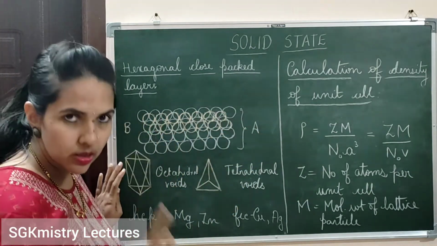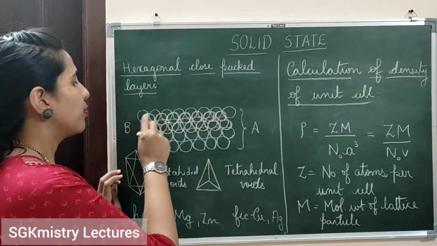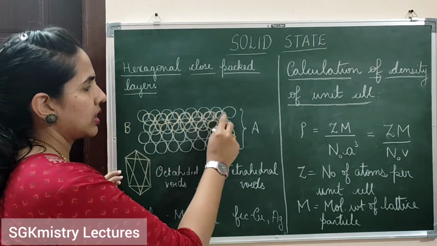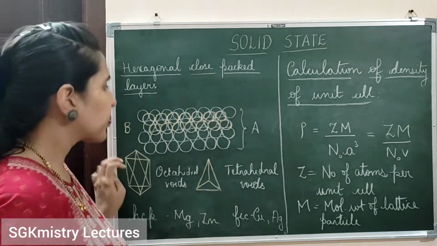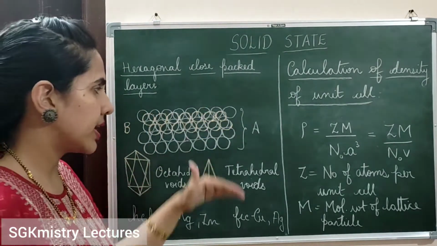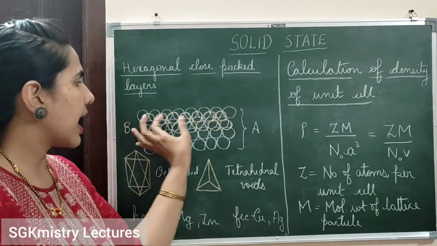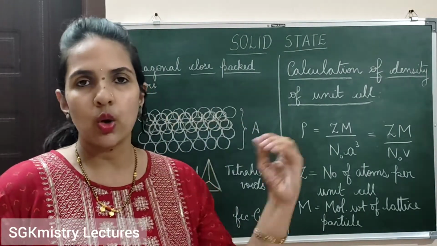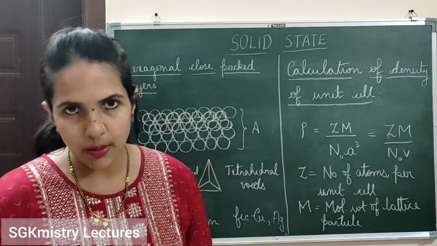Along with that, the other layers are also placed so that the gaps of the lower layers are filled, or upon the gaps of the lower layers, the other particles are placed.